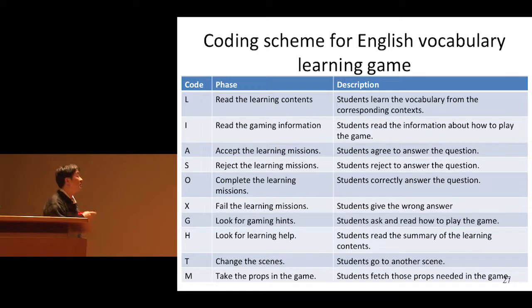If the student is trying to read something, we give them the code L. If they try to read some gaming information, we give them another code. Also, if they accept the mission, we give them a code, and if they reject the mission, we give them a code. Or if they successfully complete the mission, we give them a code, and if they fail to complete the mission, we give them another code. So we have several codes to record the student gaming behavior.